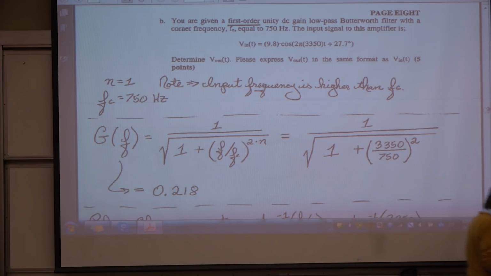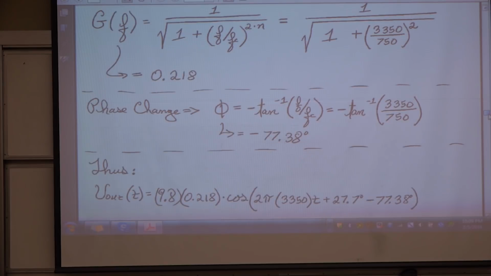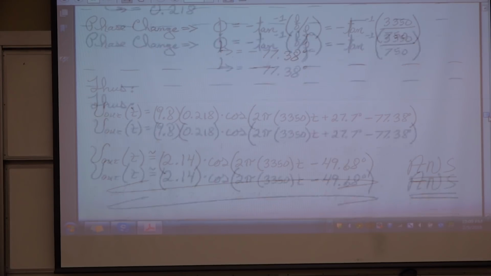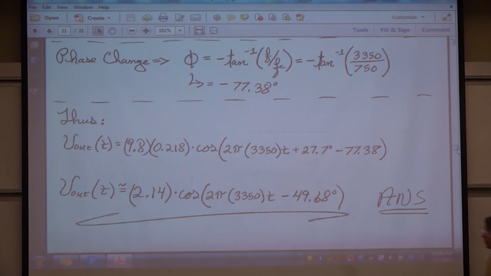Now, the next thing is we get the phase change, which is just what we did. We got F over F sub C. We know the input frequency. I told you the corner frequency. And as Sean pointed out, this again is a phase change of minus 77 degrees. So what we have is, and here I wrote it out.